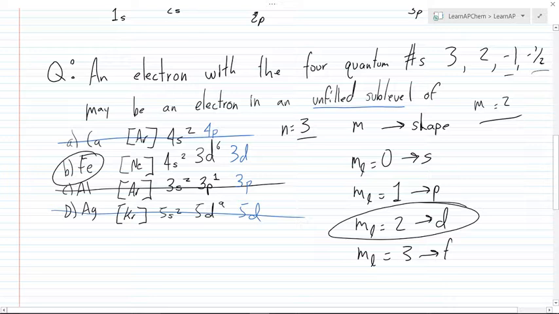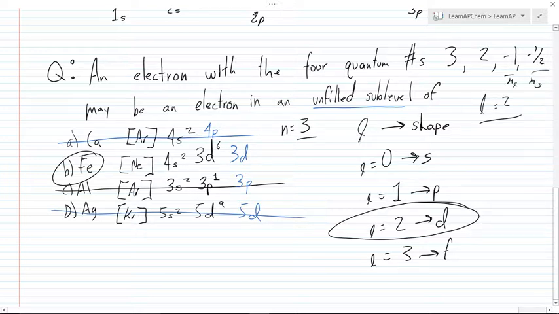Good question. If you guys have anything else, be sure to let me know. And I'm sorry, this is L, not m sub l. So this one right here is m sub l, and this is m sub s.